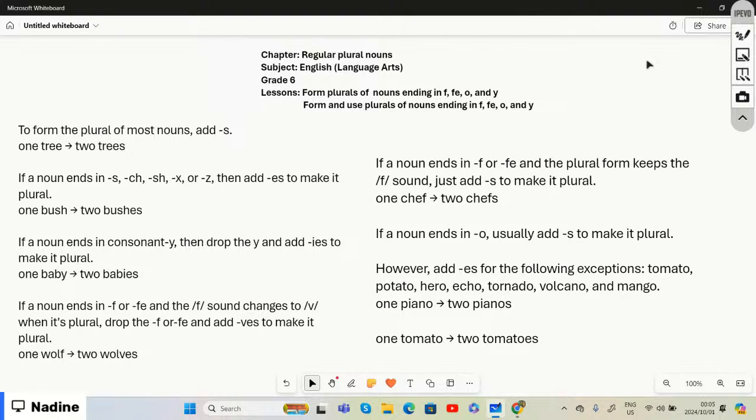And also to form and use plurals of nouns ending in fe, o, and y. So that is going to be our lessons for today under the chapter of regular plural nouns.